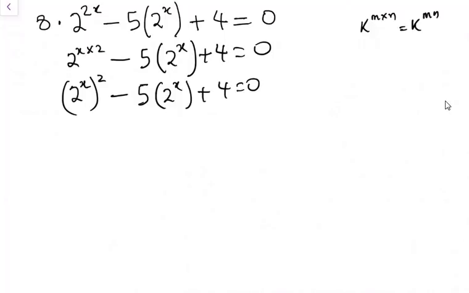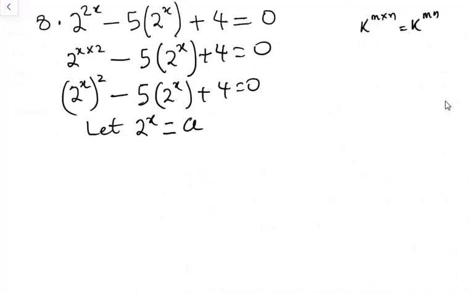We don't want to continue to have 2 raised to the power x because somehow it can confuse. We want to be able to break it down. Let's say we want to let 2 raised to the power x be a, just for simplicity's sake, so that we can find the value of a and then we continue from there.